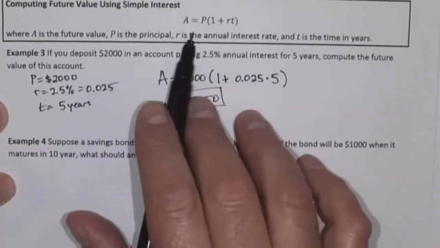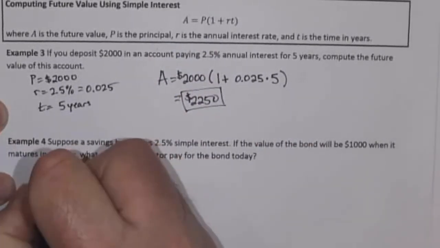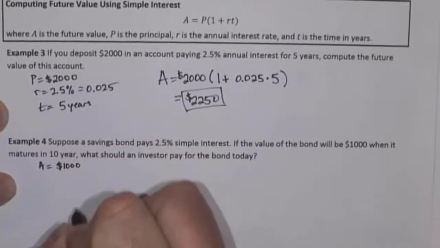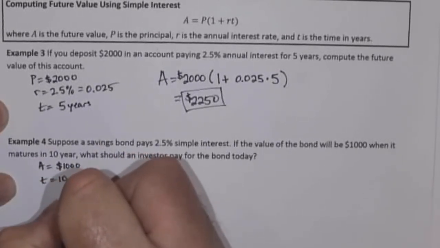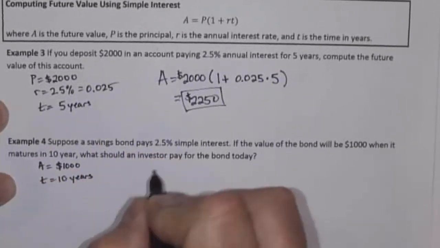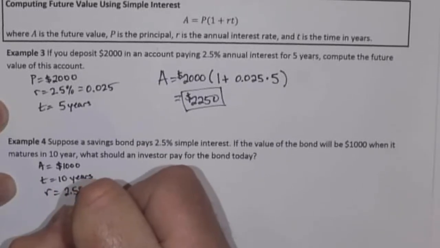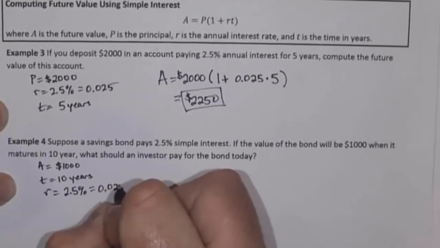Well, we can do this with the same formula. The difference is we want A to equal $1,000 in the future. And in the future, that is 10 years in the future. And our interest rate is 2.5% per year, which again would be 0.025.